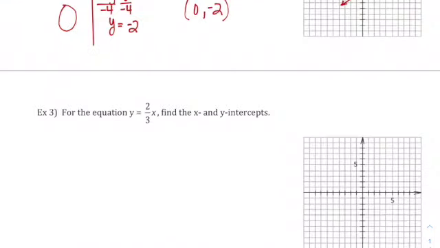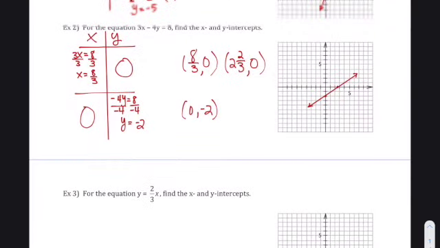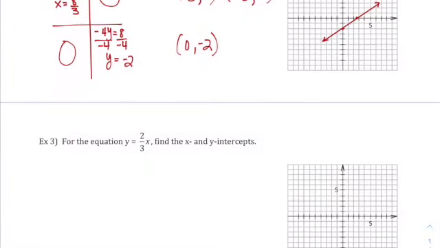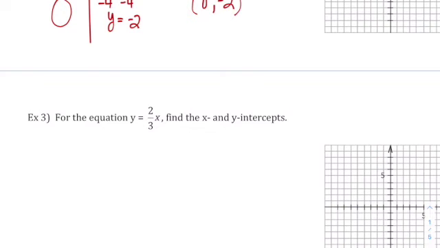Now let's take a look at example number 3. Example number 3 is a little bit different because it doesn't look like it has more than one term on one side. So what is that going to look like? Let's try. We put it in the chart.